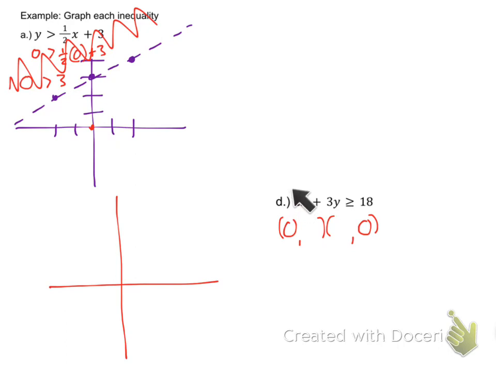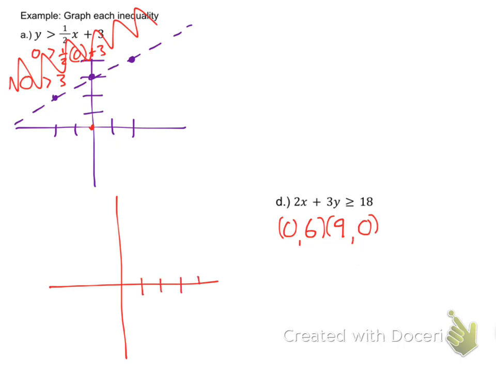And then I'm asking myself, what is 3y equal 18? Divide both sides by 3, y has to equal 6. I do the same thing, put a 0 in for y, it's gone. When does 2x equal 18? X has to equal 9. So now, that's my y-intercept. This is my x-intercept.